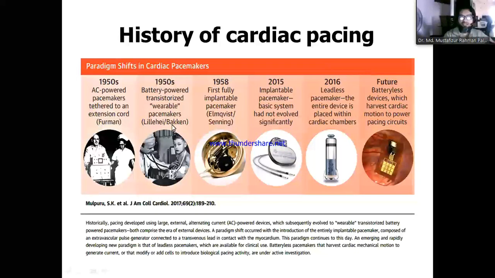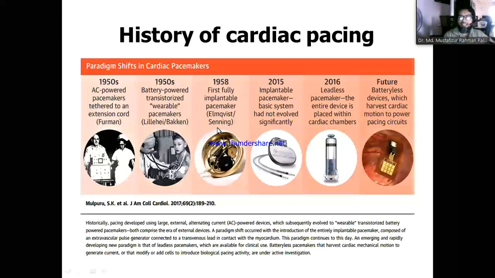These are the historical matters. In 1958 the main paradigm shift occurred: the first fully implantable pacemaker was implanted, by Elmqvist and Senning. The initial pacemakers were made by cardiac surgeons and also electrical engineers.